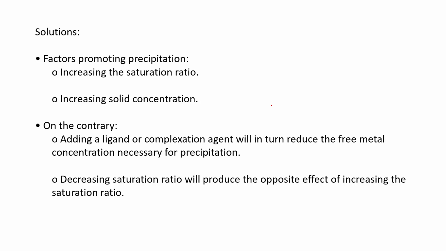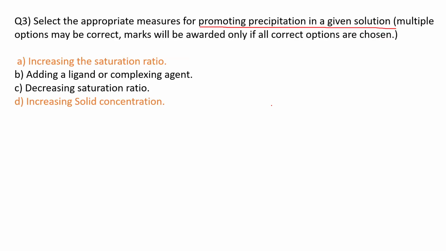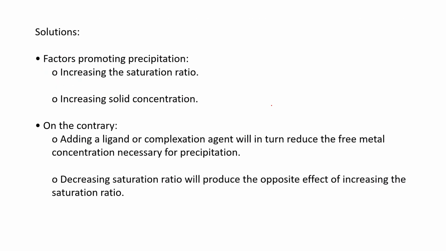But on the contrary, if we just add a ligand or complexing agent, what will happen? It will trap the metal ion and it may make it remain in the suspension. So it will prevent it from forming a precipitate. So complexation reactions prevent the ion from forming a precipitate.